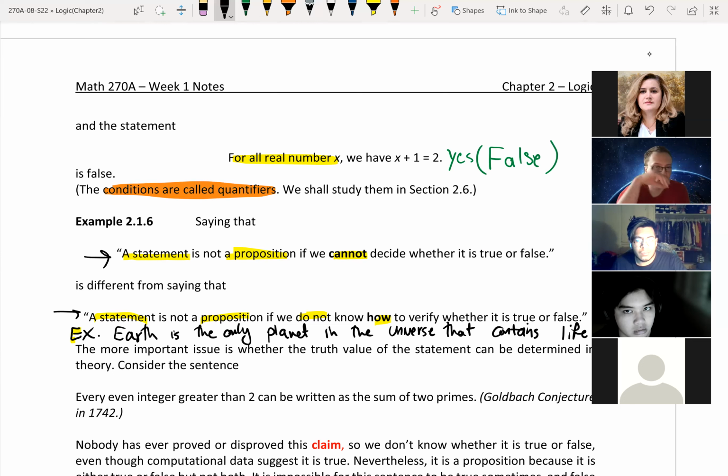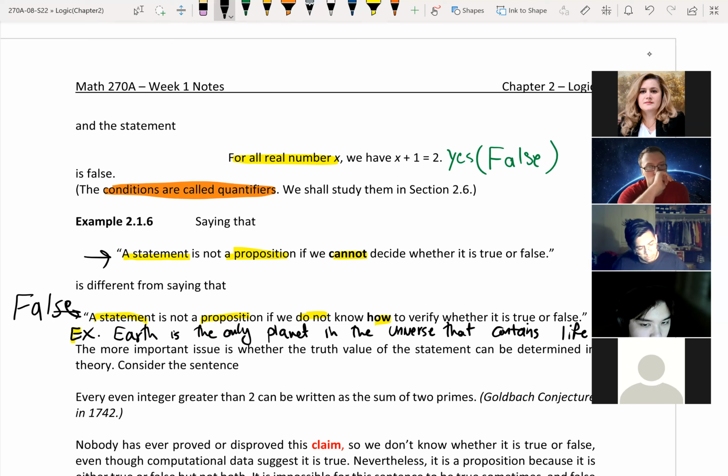A statement is not a proposition if we don't know how to verify whether it's true or false. So this statement is false, because you don't know how to show it, but maybe someone else knows.